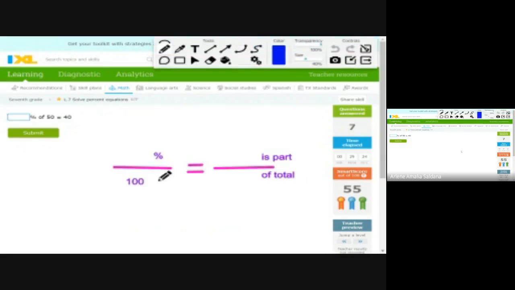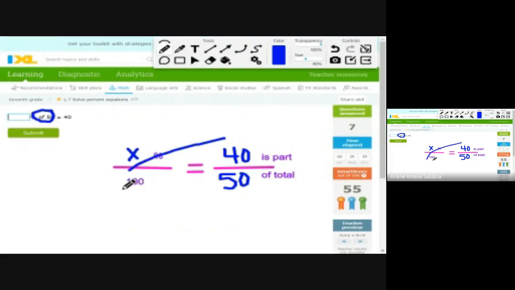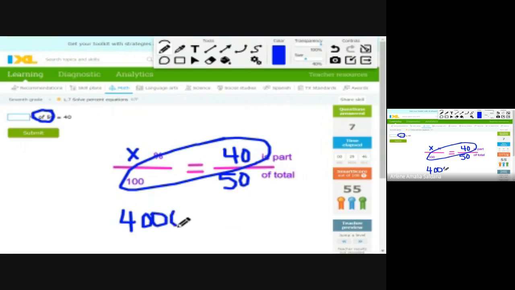Okay, so what percent of 50 is 40? So again, we don't have the percent, so the X is going to go where the percent should be. Of 50 should be the total, so 50 is the total, is equal to 40. So the 40 is the part. Cross multiply. 40 times 100, we get 4,000, because remember, whenever we're multiplying, all we're doing is adding the zeros at the end, okay?